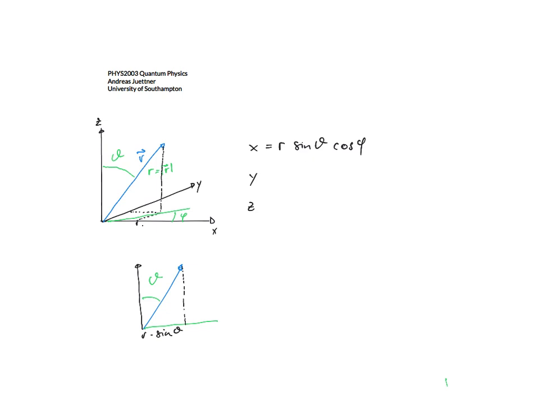And now I still have to project this on the x-axis, and this just corresponds to the projection of this point here down on the x-axis. So I can yet again draw such a diagram. Now I have the x-axis, and I have this green line here, and this angle here is phi.